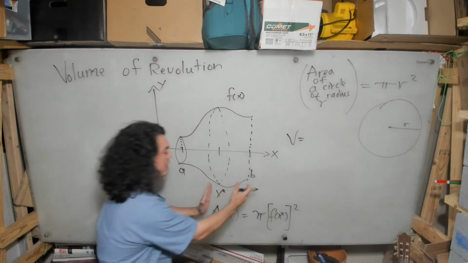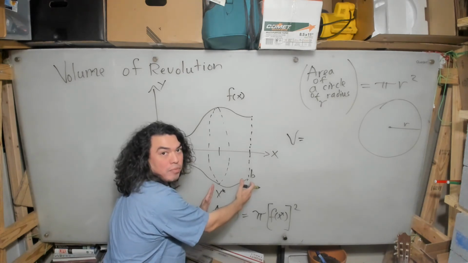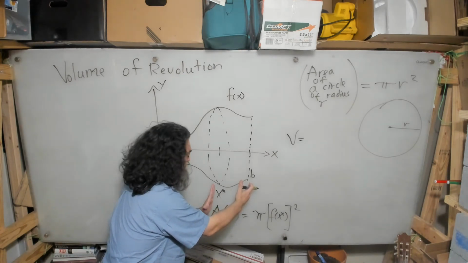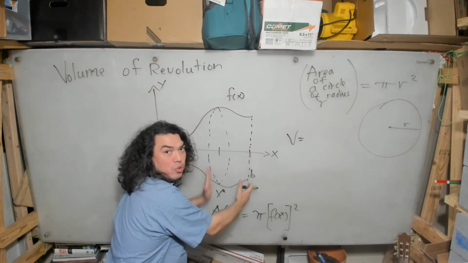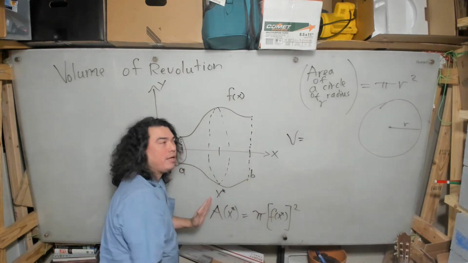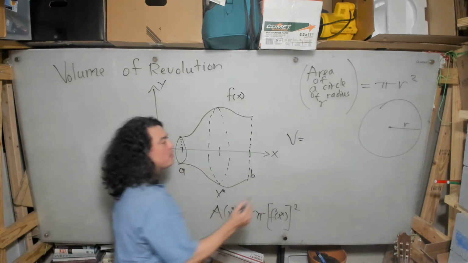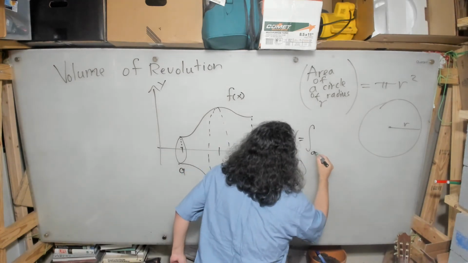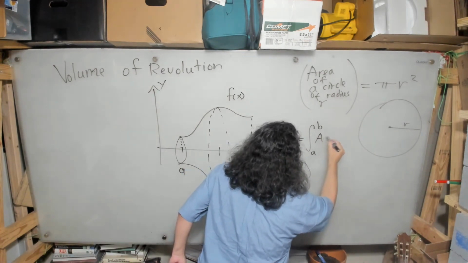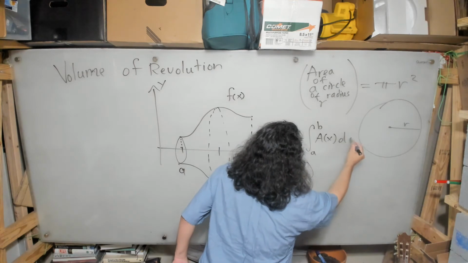Let's say we only wanted to calculate the volume of this object from here to here. Then whatever x value this would be, that would be the new a, and this would be the b, right? And I know you get the picture. So this is the integral from a to b of A of x dx, right?